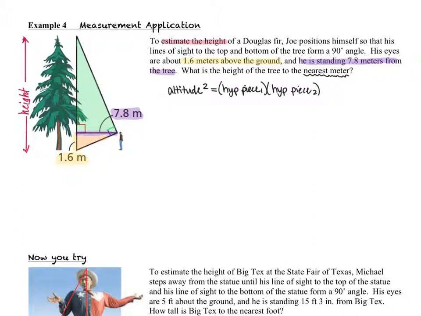So I've set it up in words. Altitude squared is equal to hypotenuse piece 1 times hypotenuse piece 2. We're going to plug in the numbers that we've got now. Altitude is 7.8 meters. That's equal to 1.6 meters, and that's going to be times x, because this is the length that we don't know.